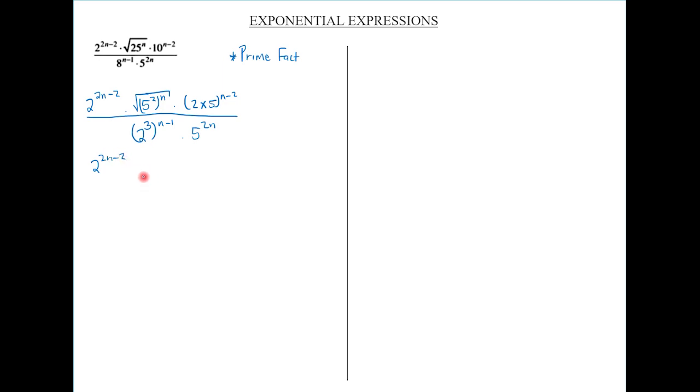Here we can see this is a square root, so we can say 5 squared to the power of n over 2. And then we can apply the law of exponents: 2 to the power of n minus 2, 5 to the power of n minus 2, over 2 to the power of 3n minus 3.